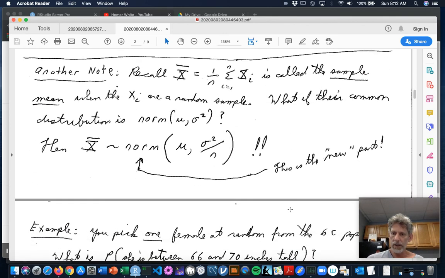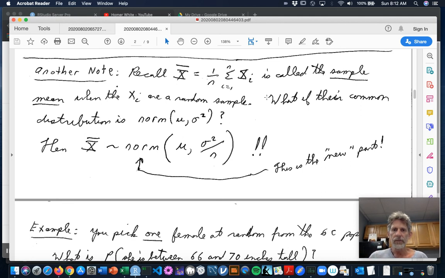Here's another kind of useful consequence of this result about linear combinations. X bar, the sample mean based on a random sample of size n. That's a linear combination of the x1 through the xn. It's just each one of them multiplied by a 1 over n and added together. Now, we know that the expected value of x bar is mu, and we know the variance of x bar is the variance of whatever common distribution the xi's are from divided by n.